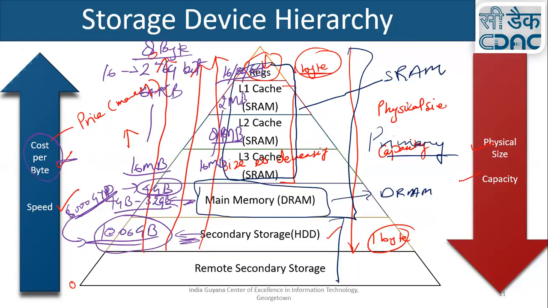Any question? Registers are basically the fastest and the most expensive. What about remote secondary storage, sir? That is a network device, like in the cloud, in your Google Drive, where you store something. Its speed just depends on your internet speed.